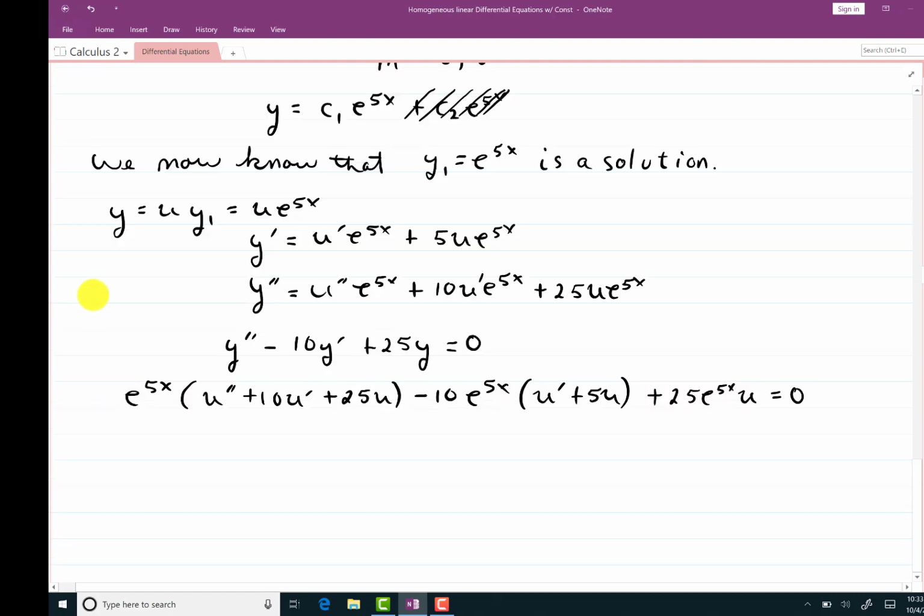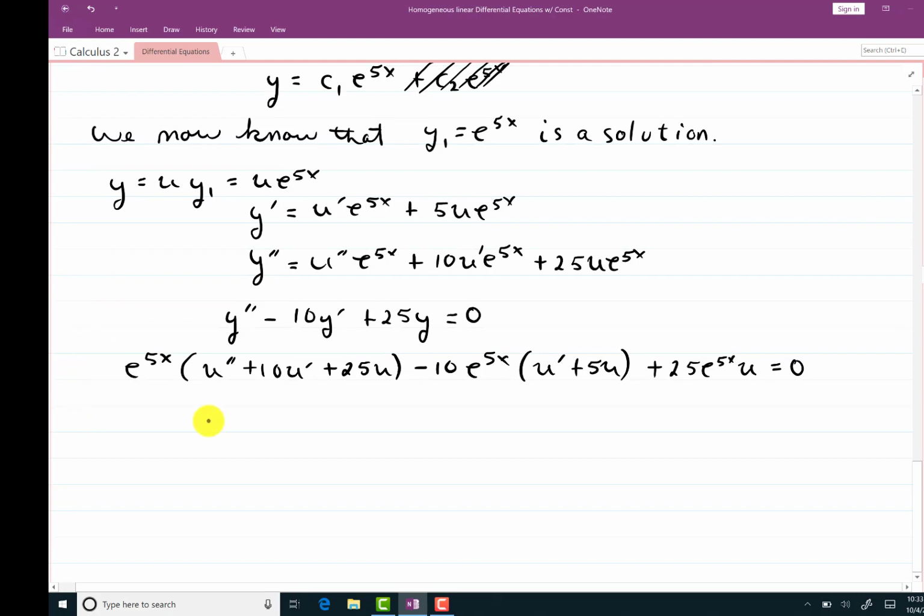Divide everything by e to the 5x, and we end up with u double prime plus 10u prime plus 25u minus 10u prime minus 50u plus 25u equals 0. And I noticed that the u's are supposed to cancel, and they absolutely do. But we lucked out here in that u prime also canceled. And we end up with just u double prime equals 0.